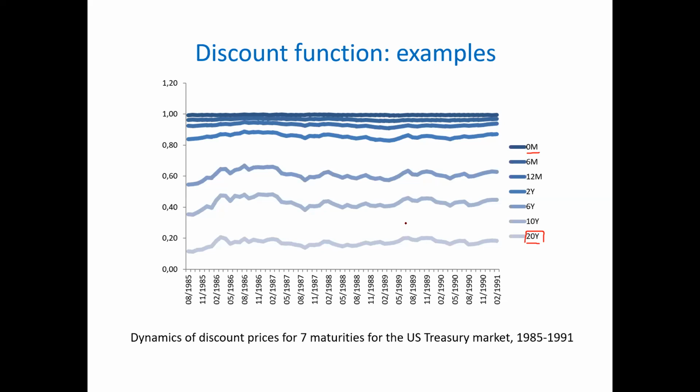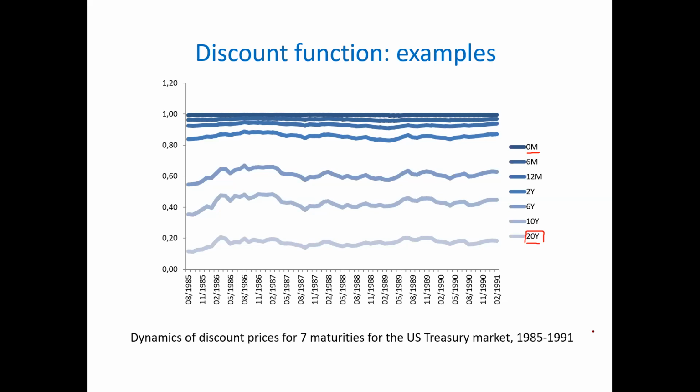Therefore, these kinds of psychology influences on discount prices with a 10-year maturity lead to fewer adjustments to expectations, because no one cares much about it.